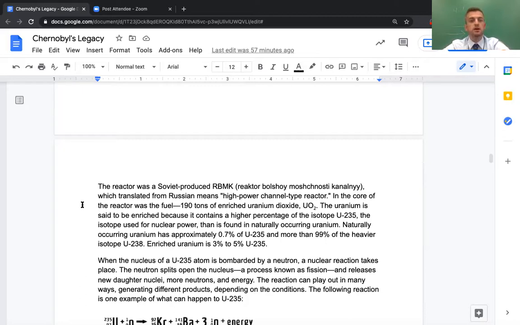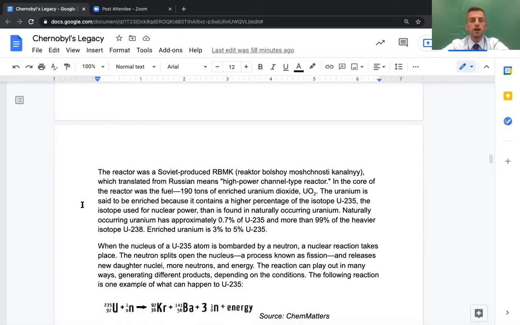The uranium is said to be enriched because it contains a higher percentage of the isotope U-235, the isotope used for nuclear power, than is found in naturally occurring uranium. Naturally occurring uranium has approximately 0.7% of U-235 and more than 99% of the heavier isotope U-238. Enriched uranium is 3 to 5% U-235.